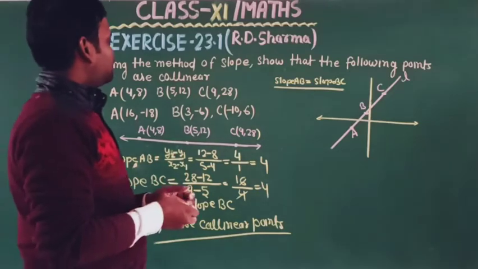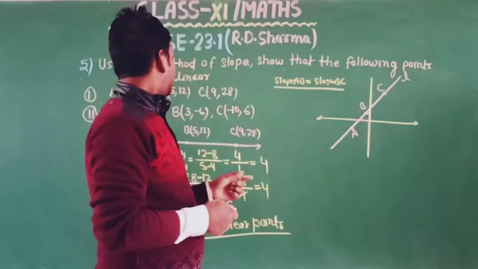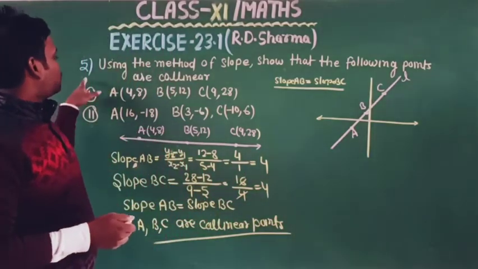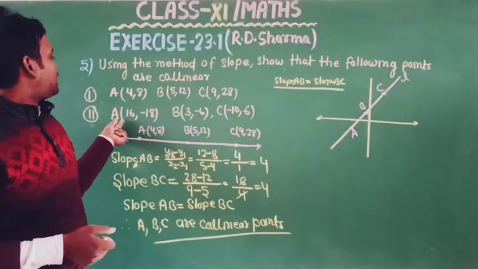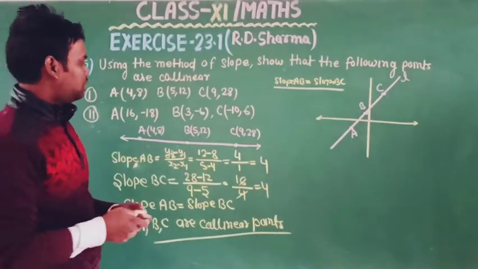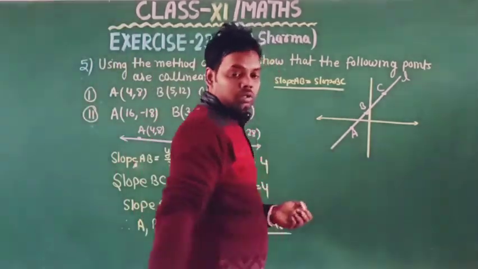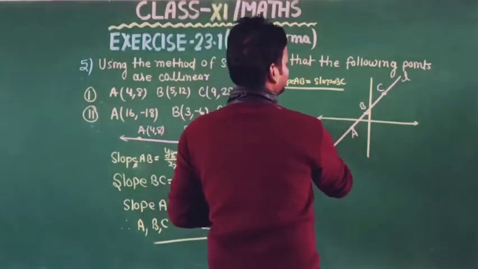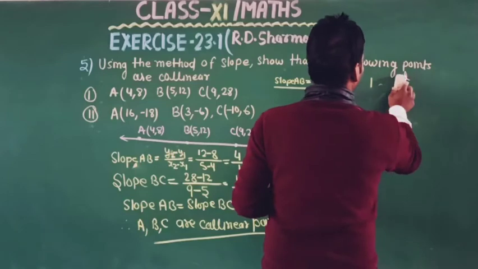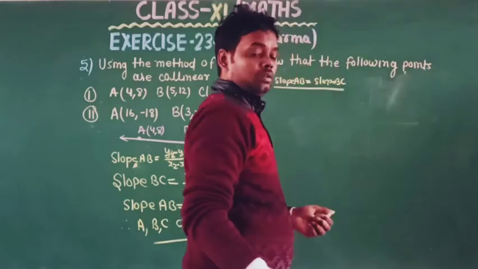And similarly, we have to show the second part of question number 5. Points A, B, C are given, and we show they are collinear.